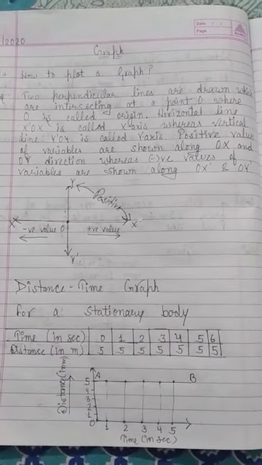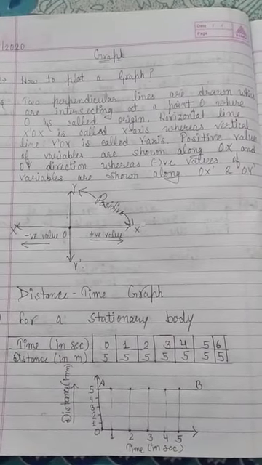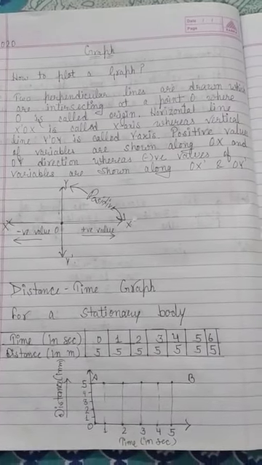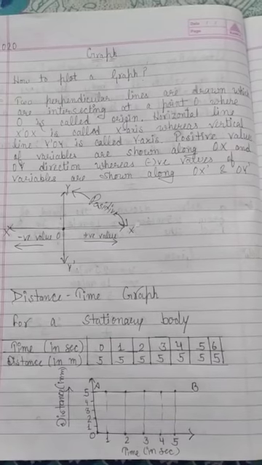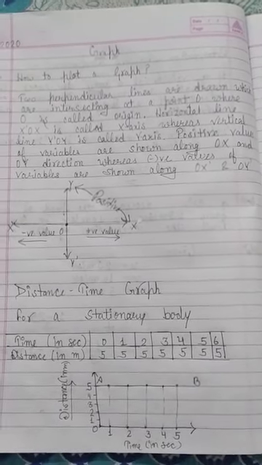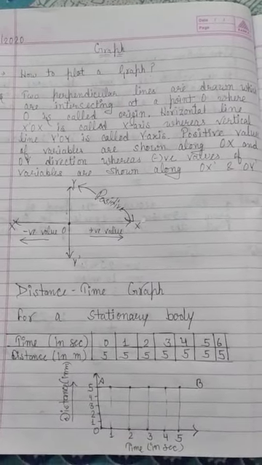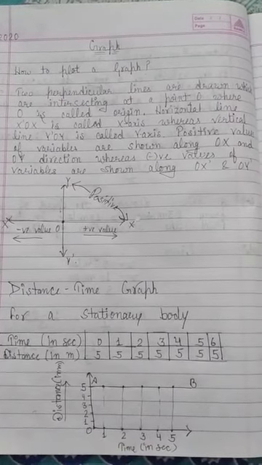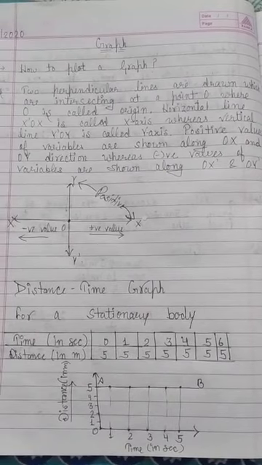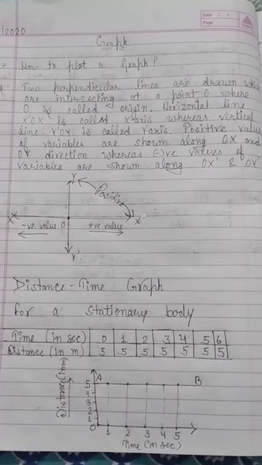For this you have to select a unit also. Now let's plot a graph. At 1 second the distance is 5 meter. So first of all we'll put one dot at 5 meter. Then at 2 seconds the distance is again 5 meter. We'll put one dot there also.